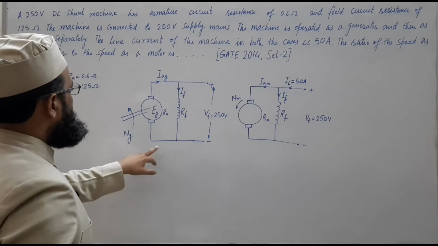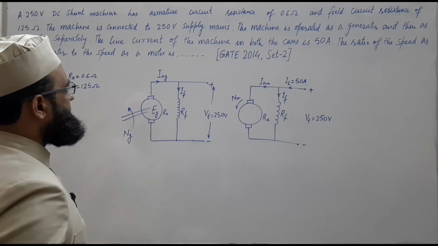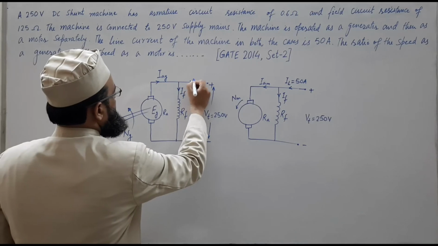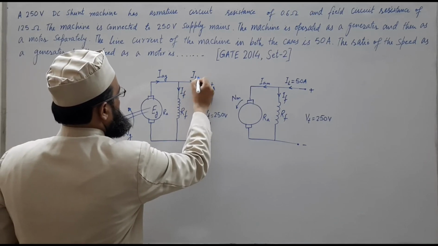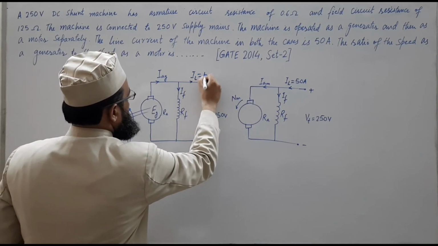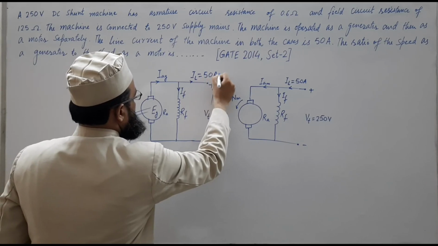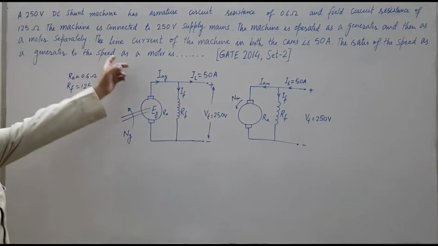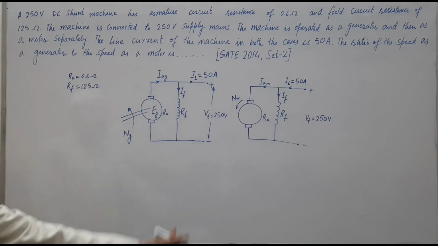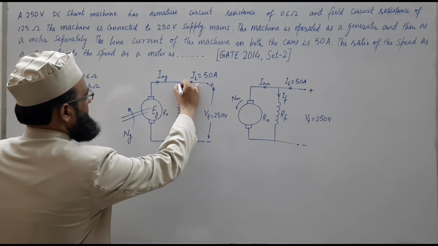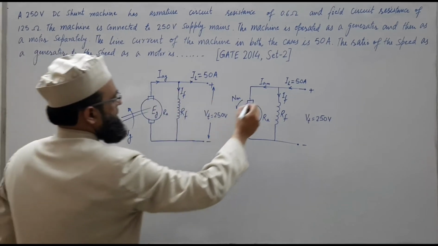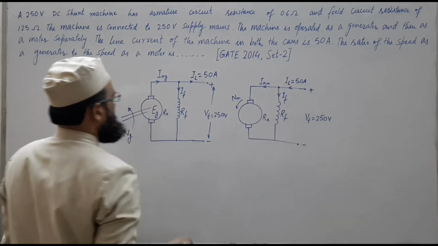So when it works as a generator, in this case also IL is given as 50 ampere in the problem in both the cases. Fine. So for this apply KCL here and write armature current. For this also apply KCL here, write armature current.